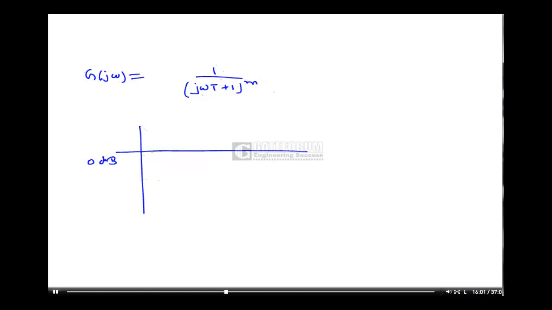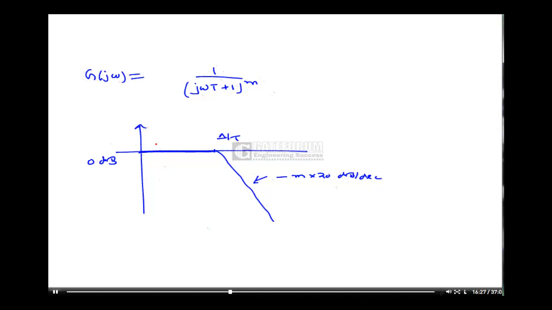Okay, suppose g of j omega is a pole of order m. In that case, if I want to plot, this is my 0 dB, the point of 1 by t will be like this. After that it will start decreasing at a rate of minus m into 20 dB per decade. Earlier it was only minus 20 dB per decade, now it is minus m into 20 dB per decade.